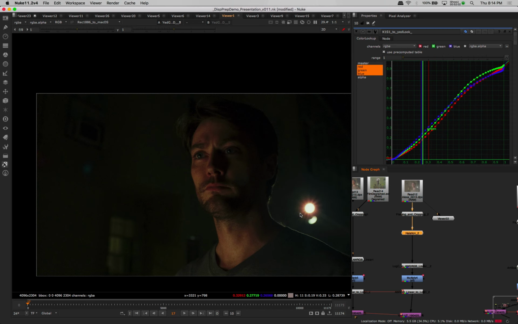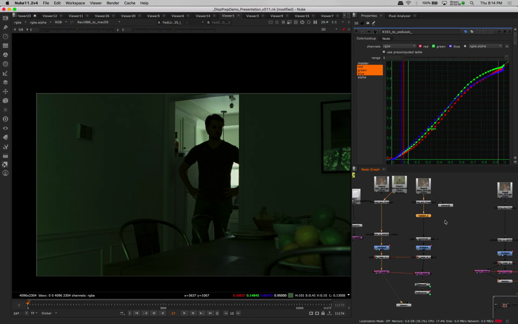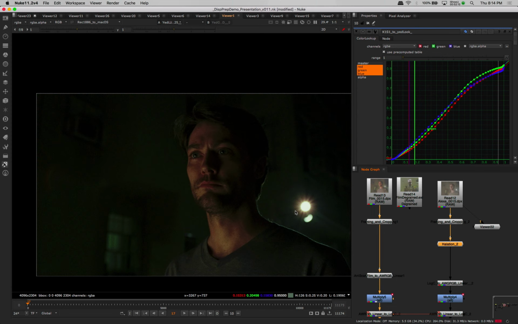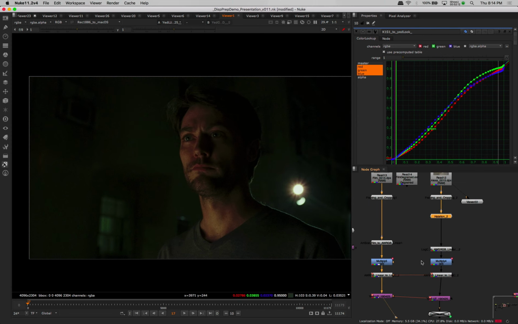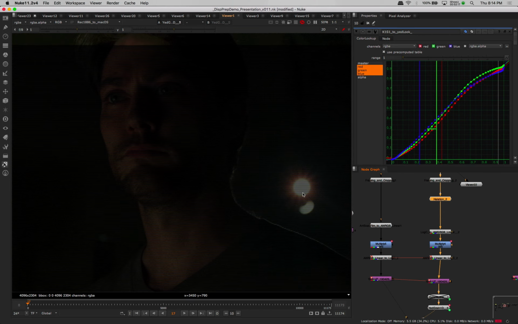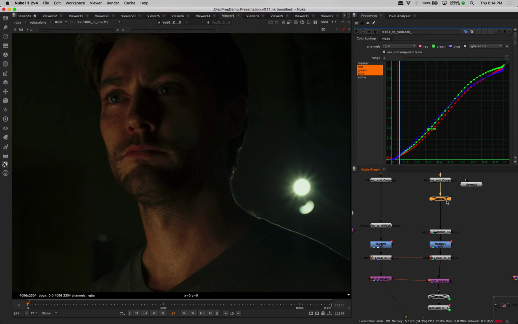There's the film, which of course does not have a halation emulation algorithm on it. And there's the Alexa without the halation, and there it is with. So this is just an example.